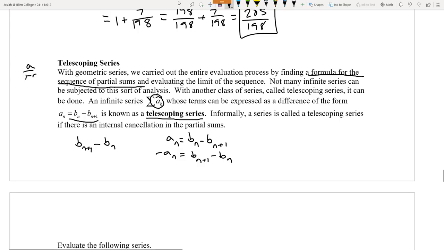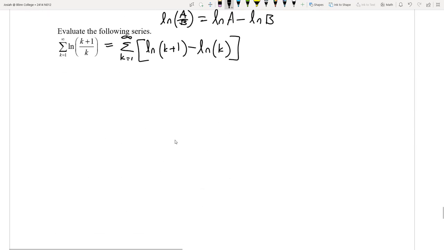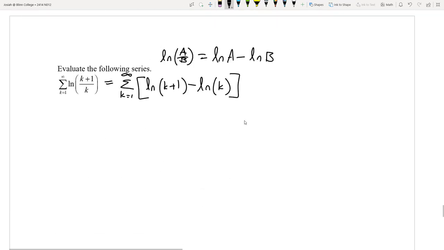We got what we want. So this is still a telescoping series. It's just that all of your terms will end up negative, which is totally okay, because as we've seen by that constant multiple rule, we can actually take the negative out and apply it as we want.